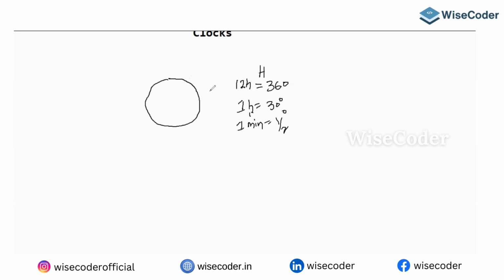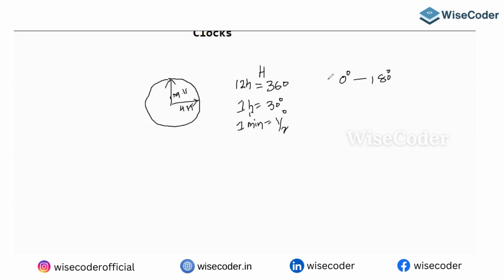If the time is 3 o'clock, this is the hour hand and this is the minute hand, and they make an angle of 90 degrees, which is between 0 and 180.